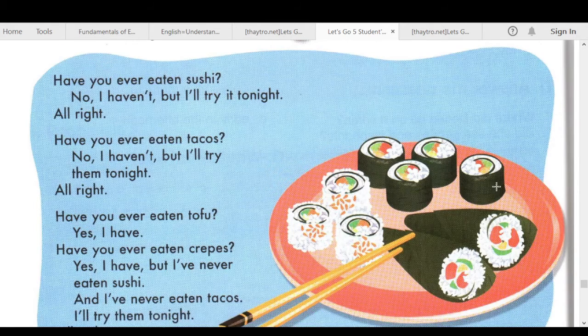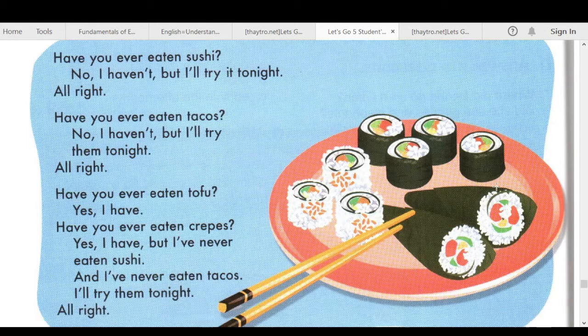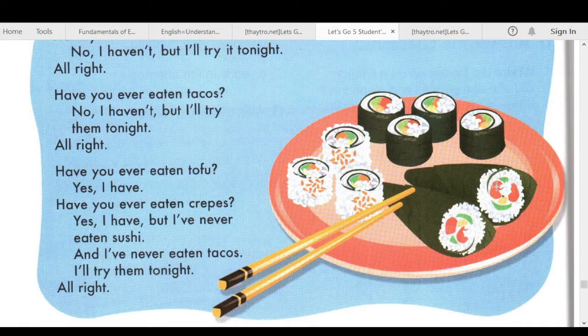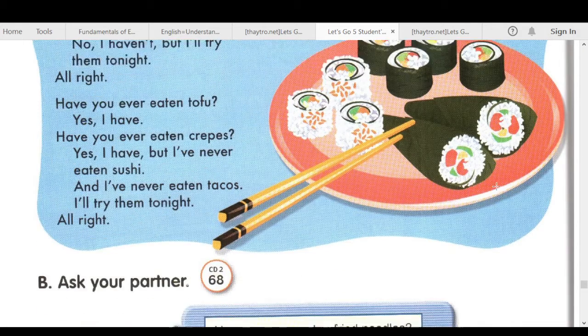No, I haven't. But I'll try them tonight. All right. Have you ever eaten tofu? Yes, I have. Have you ever eaten crepes? Yes, I have, but I've never eaten sushi. And I've never eaten tacos. I'll try them tonight. All right.